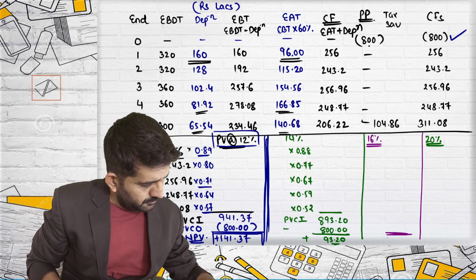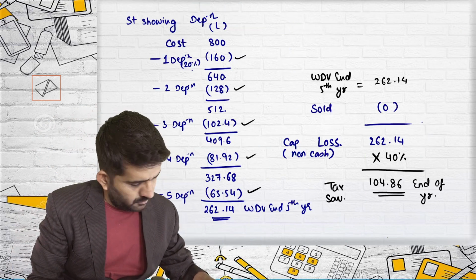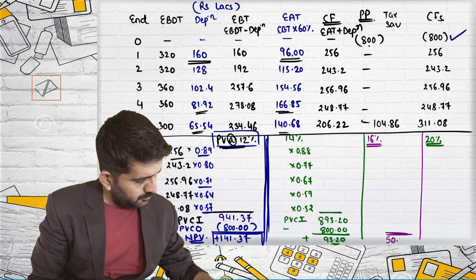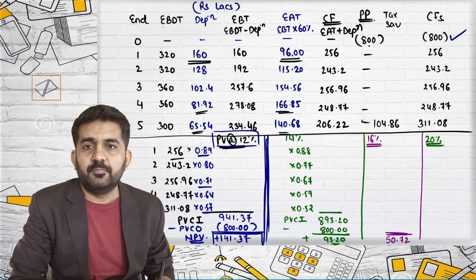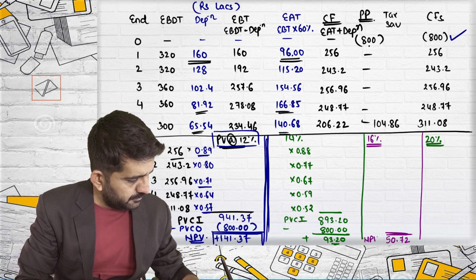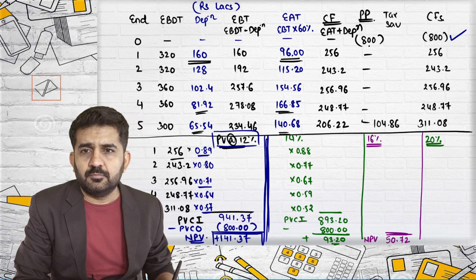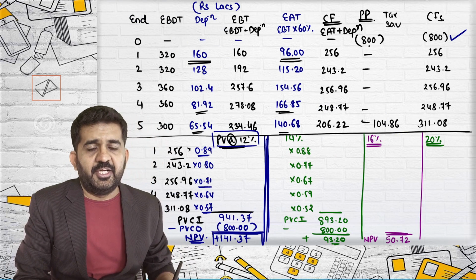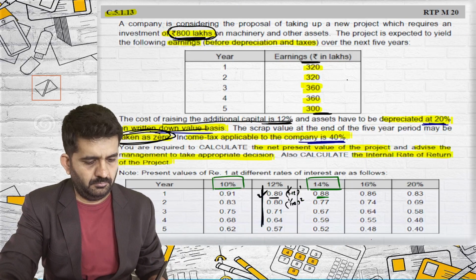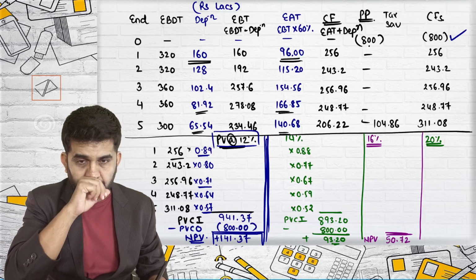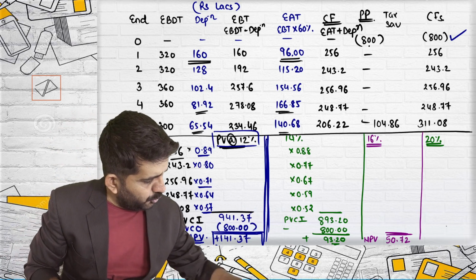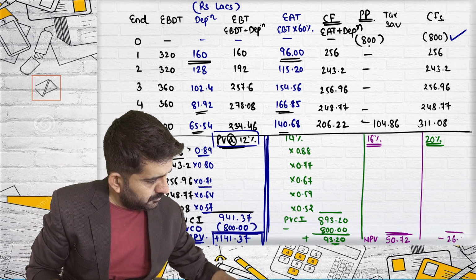Okay. $50.72 is NPV. At 20%, negative 26.84.